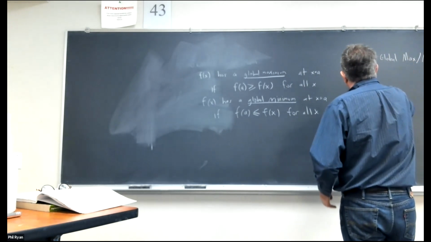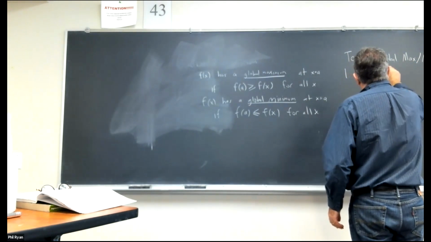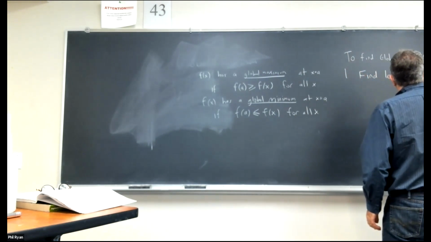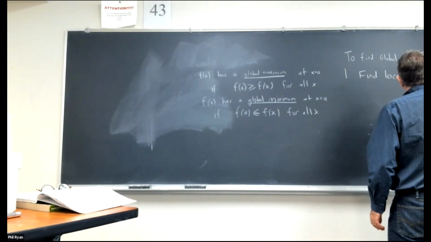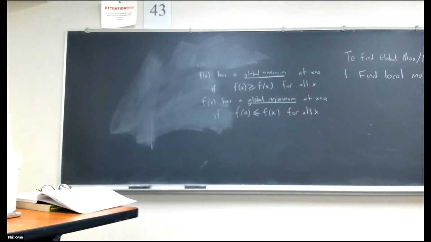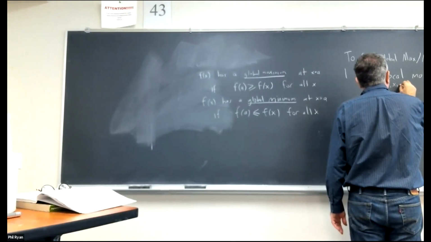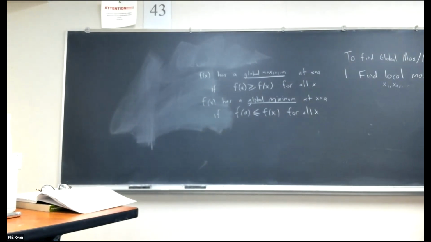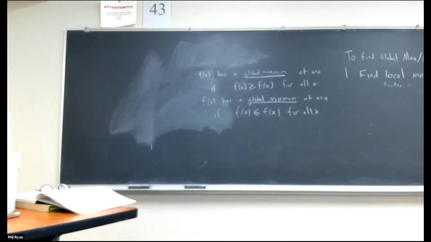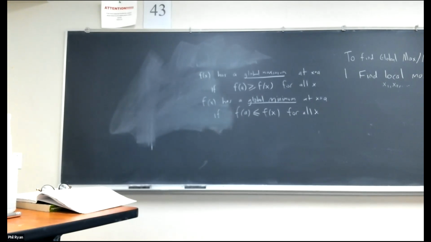So the first thing you do is find the local maxes or mins. If you're finding the global min, you find the local mins. How do you test them? Let's say we have x1, x2, and we find a whole bunch of local maxes. How do we determine which one is the global? You just plug it in.